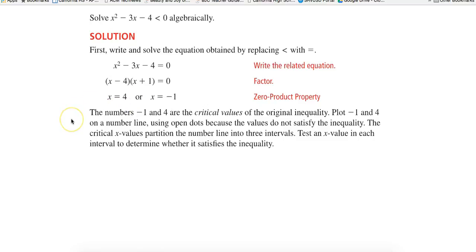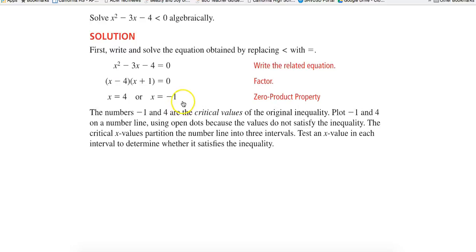There's a lot of words right here, but follow along with me. These two numbers, x equals 4 and x equals negative 1, tell us when our quadratic equation equals 0. Now if you look up here, we want to know when our quadratic is less than 0.